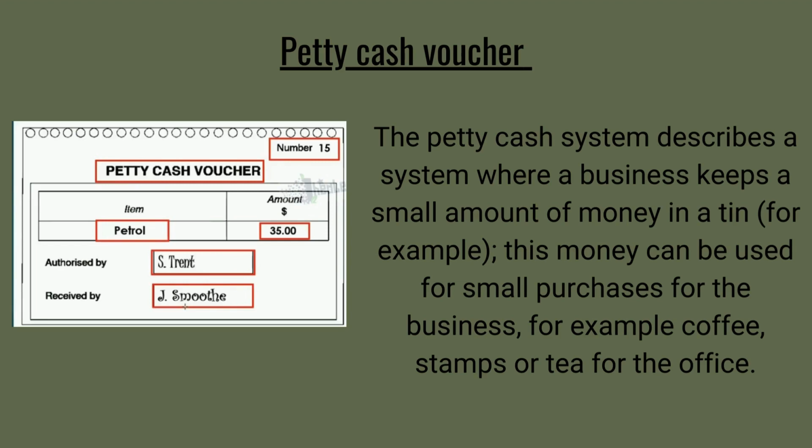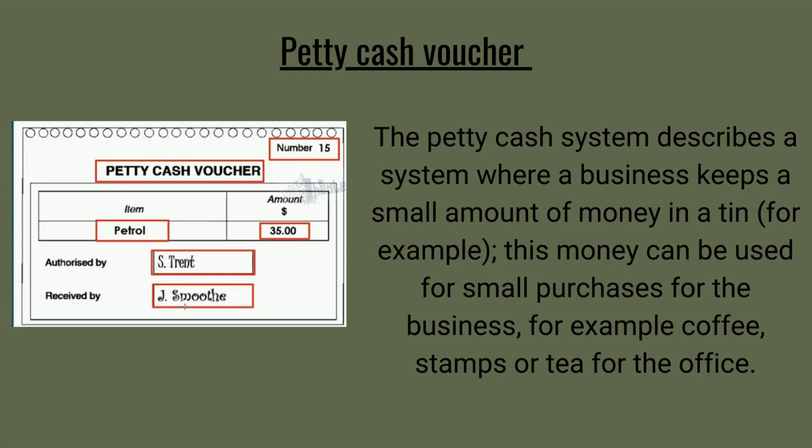Basically, the way the system works is that the employee may go buy an item, right? Like maybe tea for the office. Then a petty cash voucher is created, and the petty cash voucher has to be put into the tin or maybe paper clipped, whatever. This allows you to be given the money from the authorized person of the business.